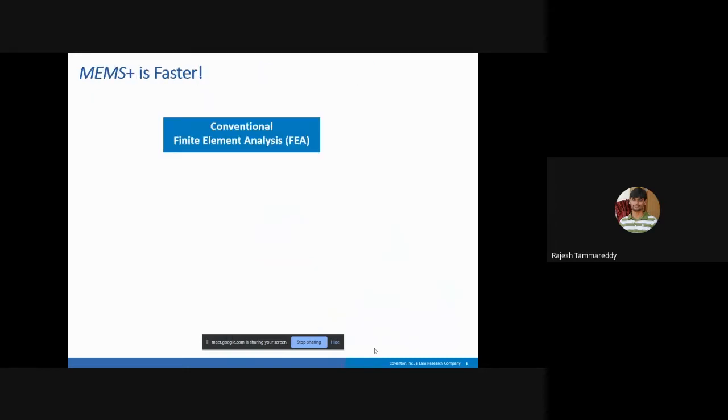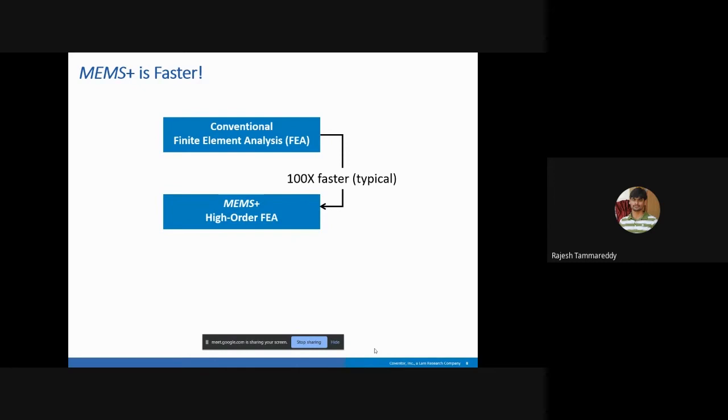Okay. So compared to your conventional FEA, what is conventional FEA? CoventorWare or any Abaqus solvers or ANSYS or COMSOL, any software you use, is FEA, the finite element method, right? Those generally take a huge time for simulations because it depends on the meshing.